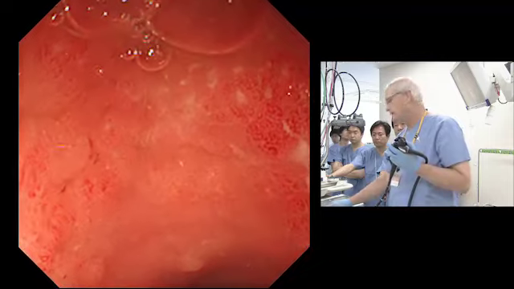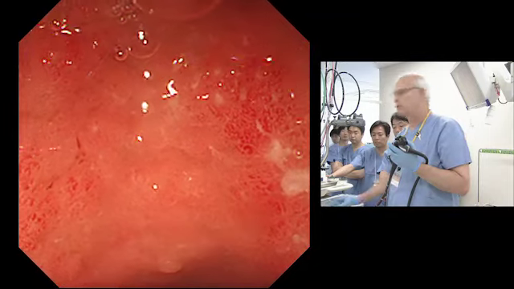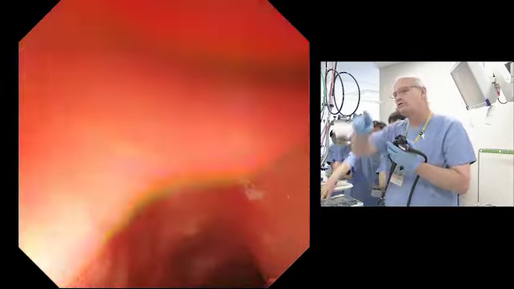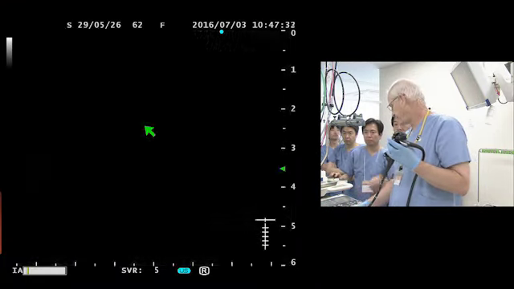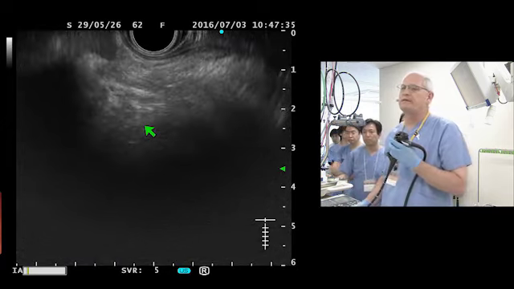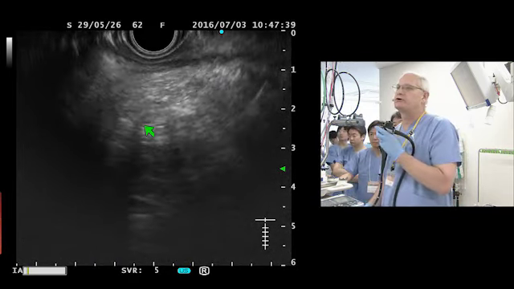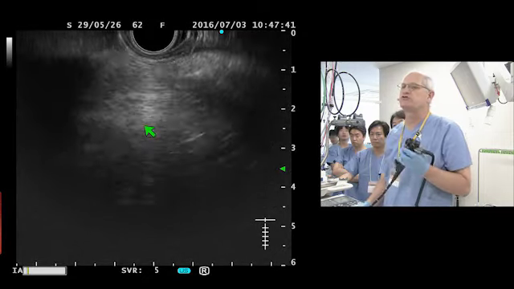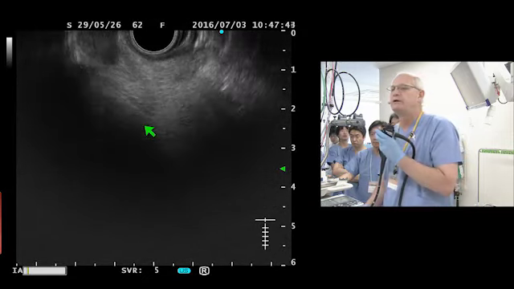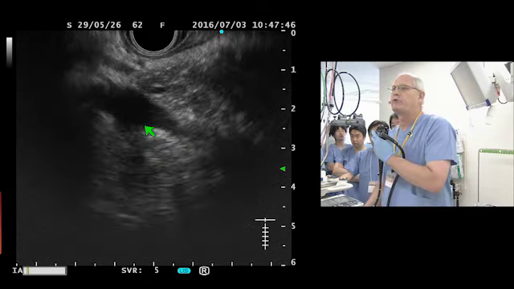So now if we can go to, can we go to ultrasound as the main part of the screen? Okay, thank you. So now I'm in the apex of the bulb, and the critical structure that I'm looking for now is the portal vein.